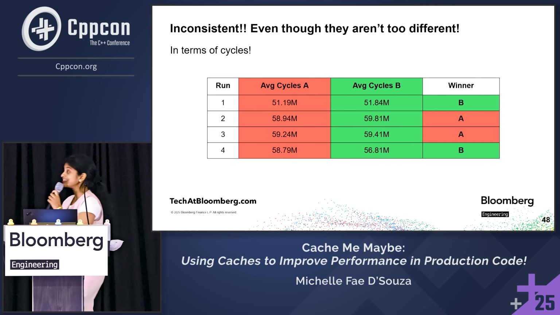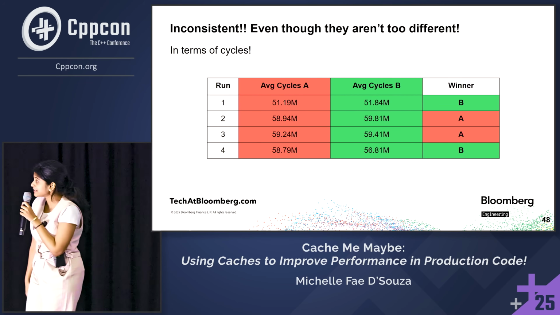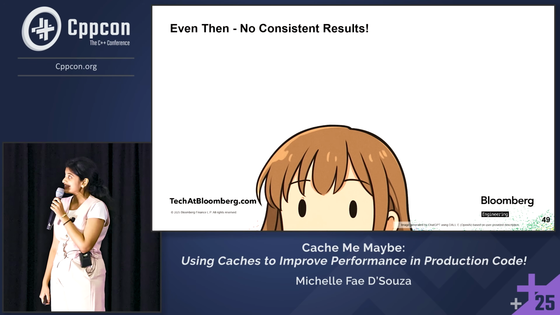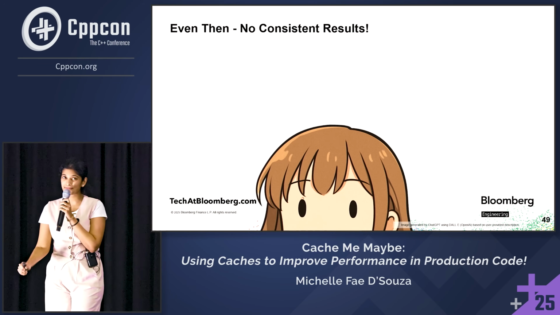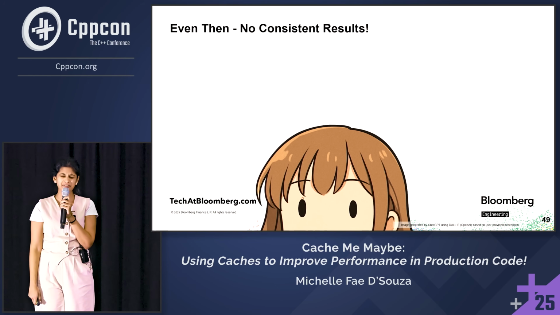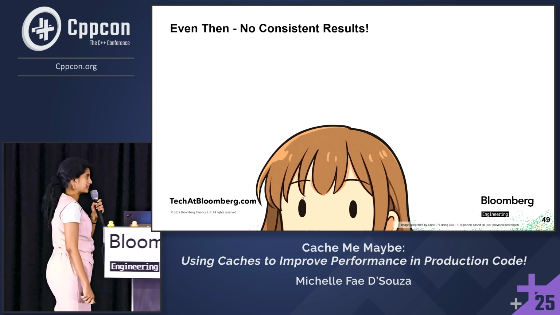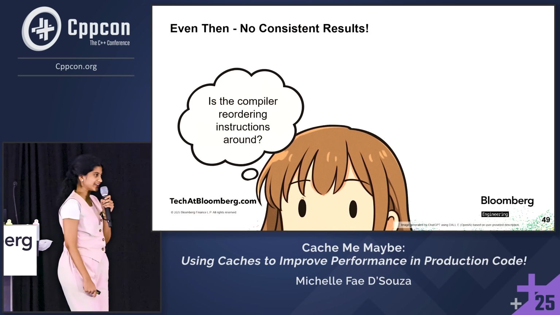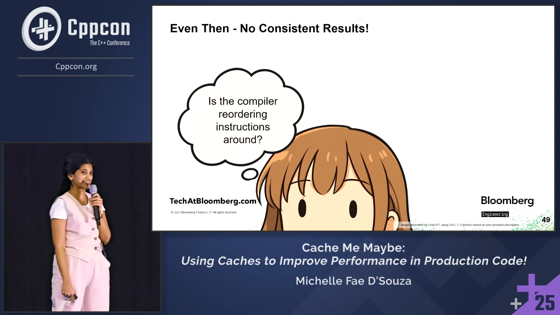Oh my gosh, still inconsistent? Are you kidding me? Nope, this is what happened. And then I took a step back and thought, is this the compiler doing some weird reordering? I checked my assembly, and in this case, it was not.